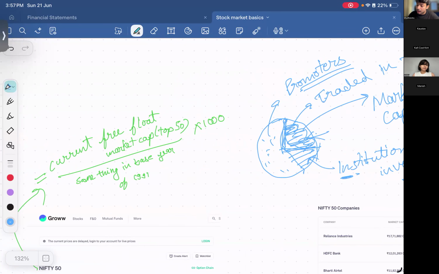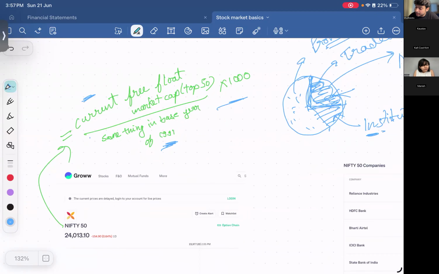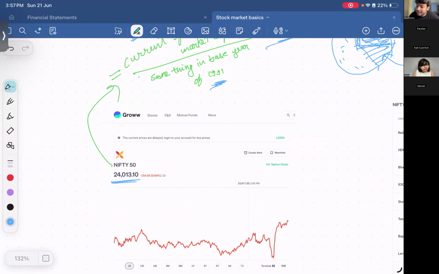So take the current free float market cap of the top 50 companies and divide it by that of 1991, when the stock market became liberalized. If I take the top 50 companies then, and their overall free float market cap, I take that as my base. I divide today's top 50 companies' free float market cap by that number and multiply it by 1,000. So if this number is 24,000, what does that tell me?